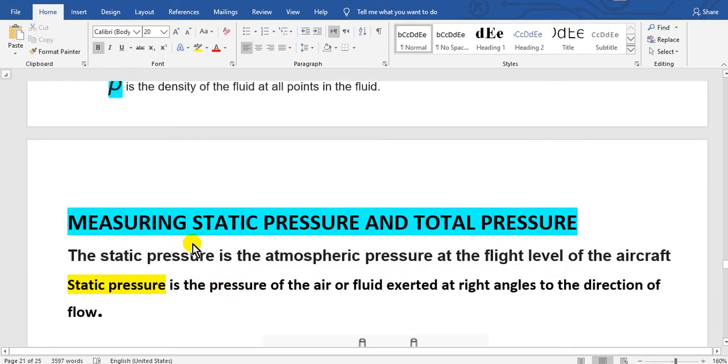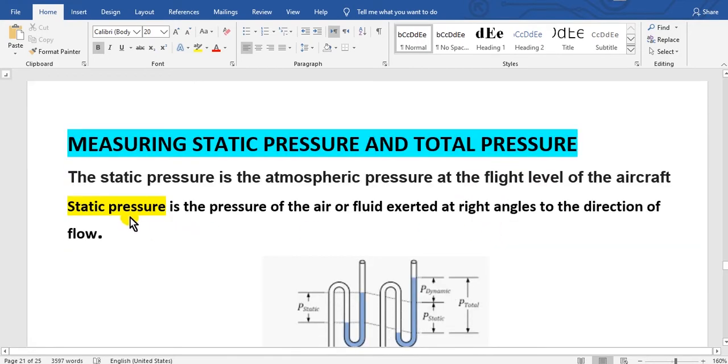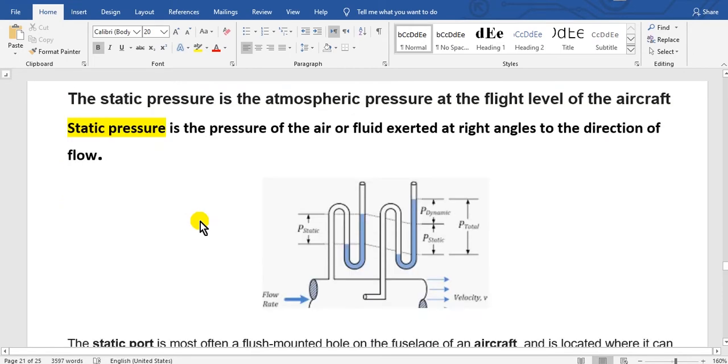Here, how to measure static pressure and total pressure. Static pressure is measured here, at the surface of the cylinder. But the total pressure is measured from here, and this is static, and here is dynamic.